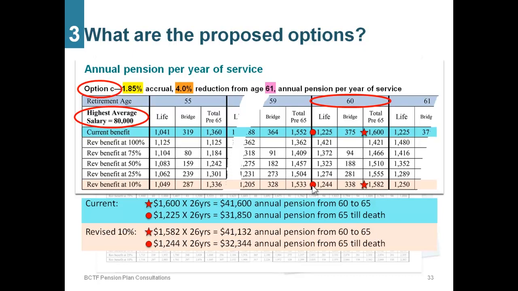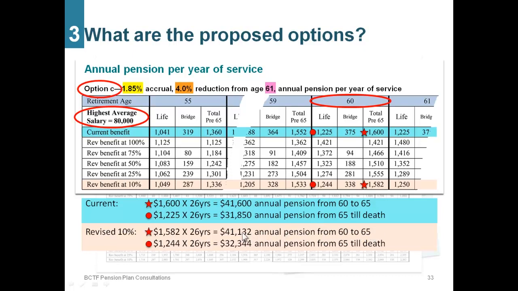In the red dot, 1244 may be multiplied by 26 years to give 32,344 as an annual pension from 65 till death. In comparison, you'll find the revised benefit at 10%, that is a partial 10% in the new plan.